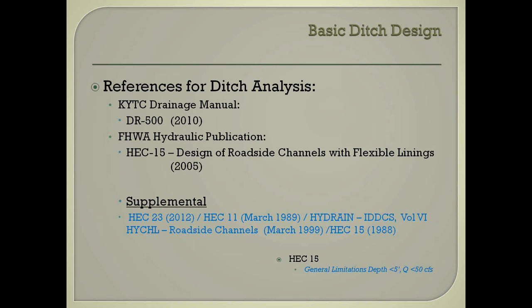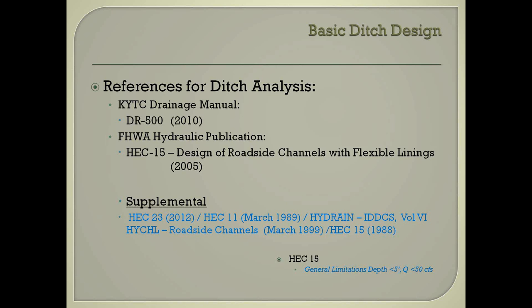One of the perspectives on the title, basic ditch design rather than channels, was that I wanted to focus on the fact that the documentation does provide general limitations for the depth of flow for HEC 15 at 5 feet, and also for Qs at 50 CFS and below.